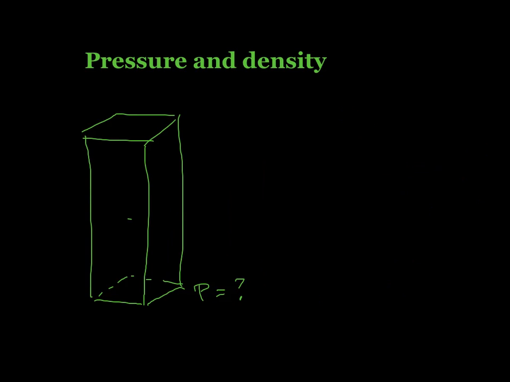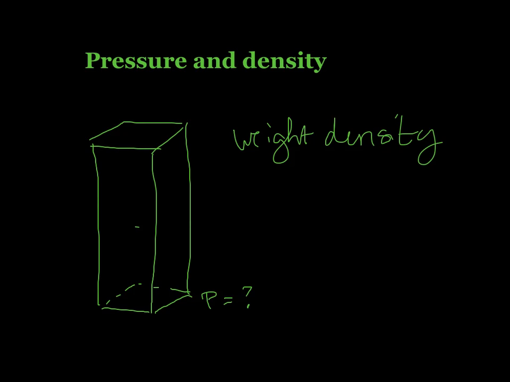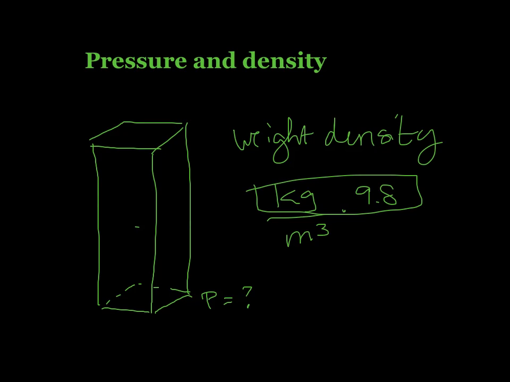So let's look at that weight density idea. Weight density is basically, instead of being mass over volume, it's weight over volume. Your density is your kilograms per cubic meter, and when you multiply that by 9.8, do you see how your kilograms times 9.8 gives you your weight?